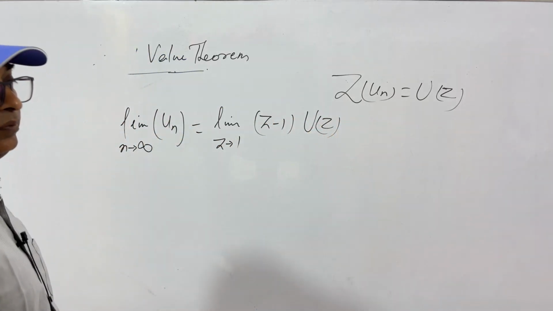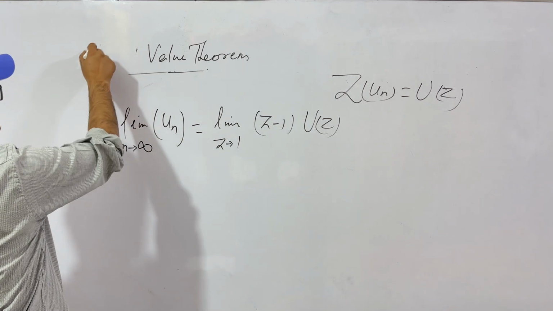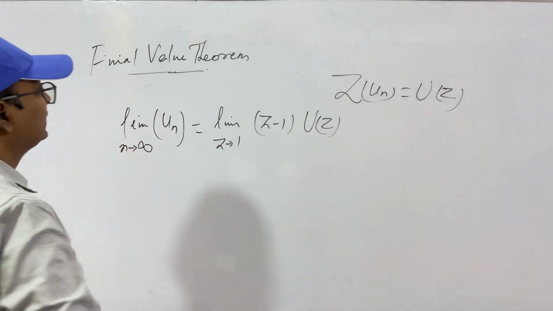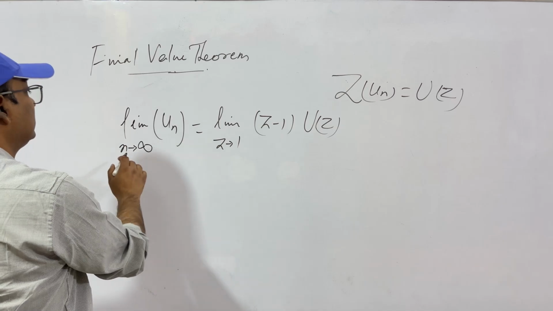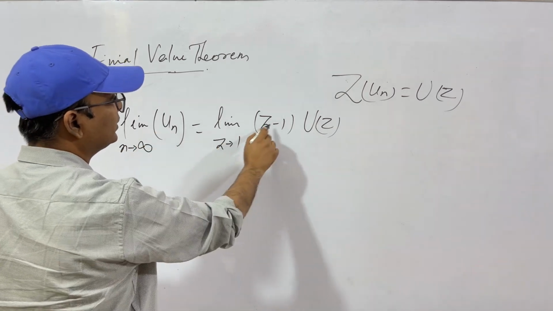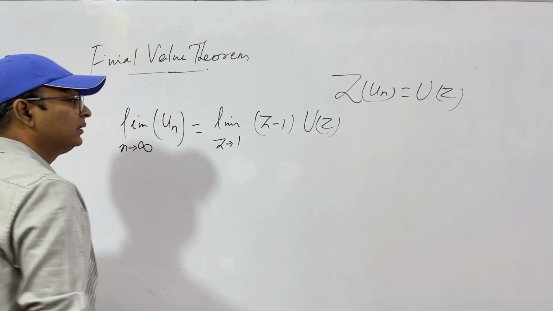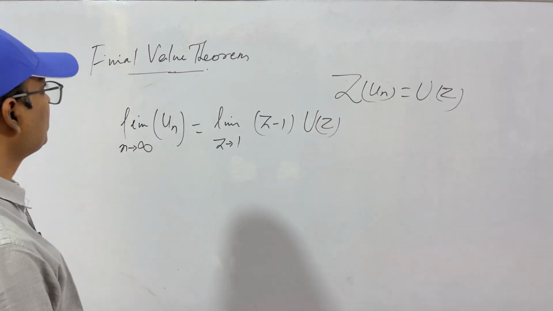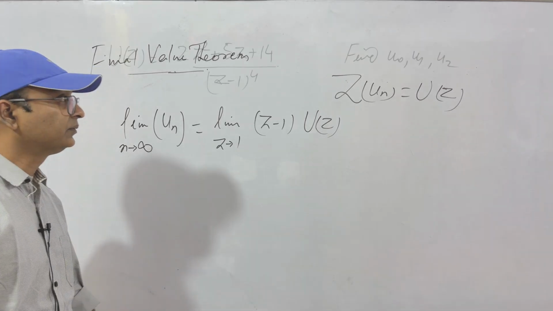This will be very helpful in solving problems. This is final value theorem. We'll see an example and understand this. Okay, you should learn it by heart. Limit of u(n) when n tends to infinity is limit of (z minus 1) U(z) when z tends to 1. Okay, let's see an example to understand.